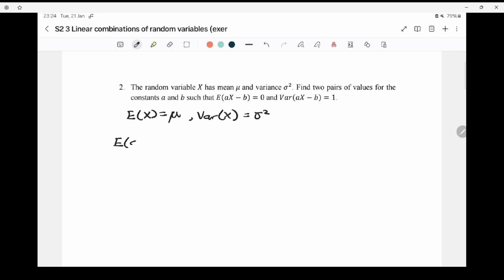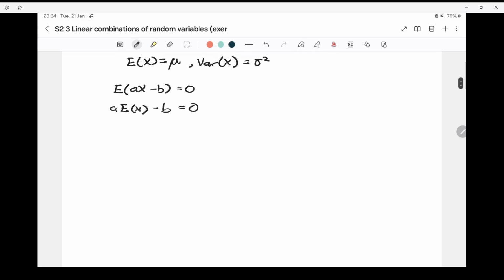So E(ax minus b) equals 0. So E(ax minus b) is aE(x) minus b equals 0. So this means that a mu minus b equals 0, or b equals a mu. So let's say this is the first equation.